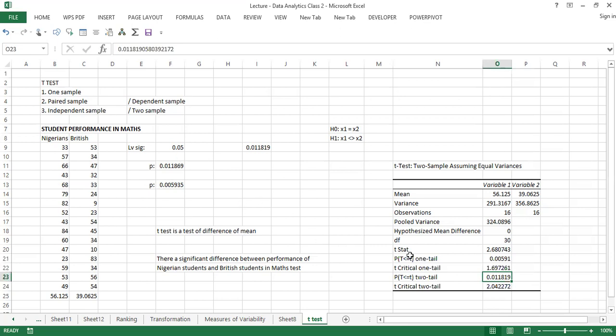If you want to use the t statistics given, when your t statistics is greater than the t critical, you reject the null hypothesis. But to avoid confusion, just leave that one. Focus on the p. When your p-value is less than alpha, reject the null hypothesis. So always remember that that's the key.